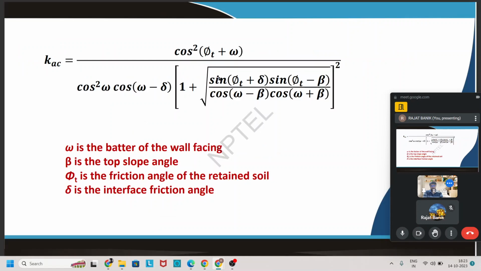We also discuss the active earth pressure, and one formula also we discuss. By this formula, we can find out the active earth pressure for this type of retaining wall.